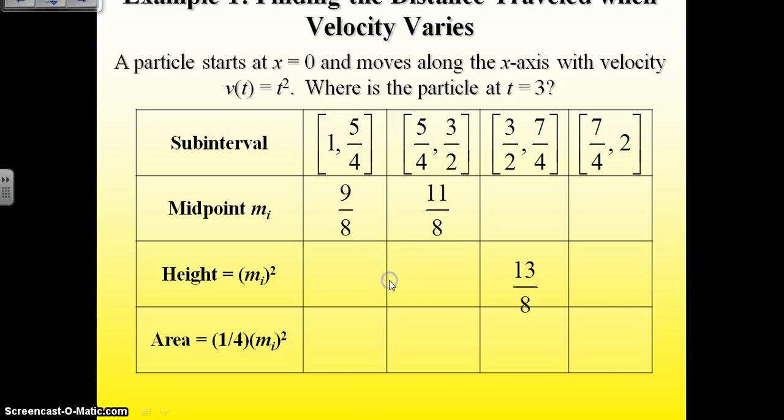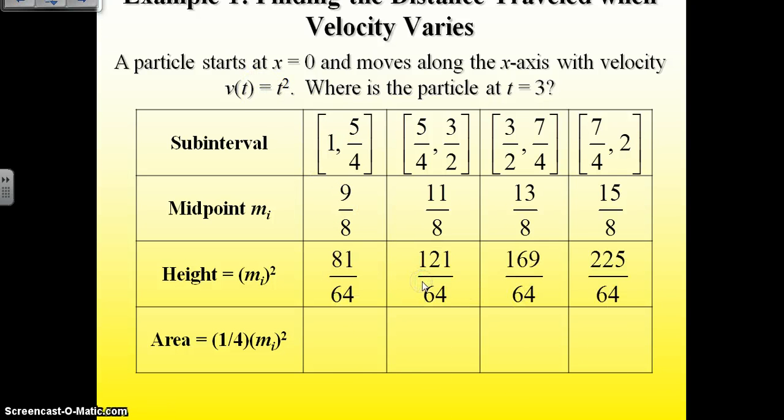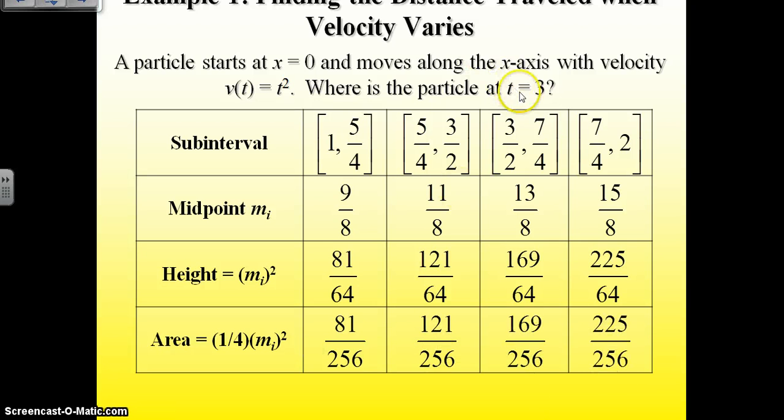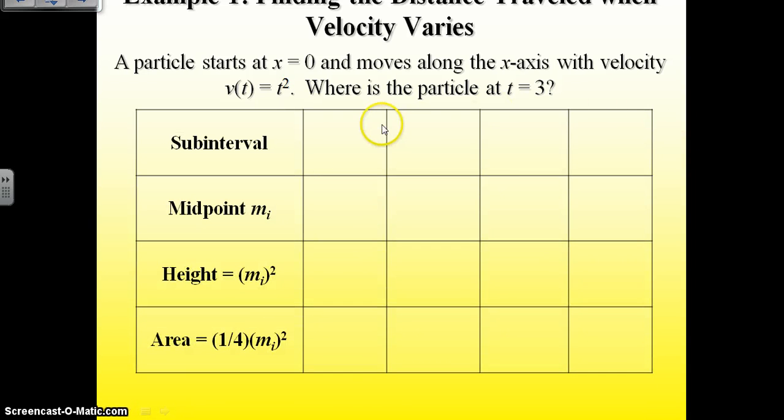We get these midpoints. Remember, to find the corresponding heights, you plug these in and square them. Right there. And then to get the corresponding areas, each of the heights times 1/4. There, there, there, and there. Alright, now again, if you need more time, pause the video. Otherwise, I'm going on. Now, we still need to do 2 to 3.